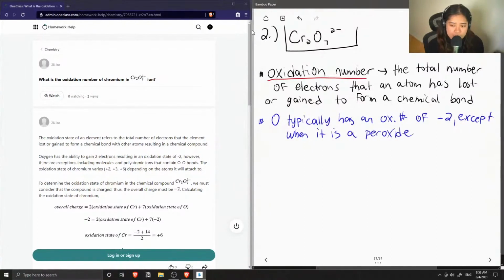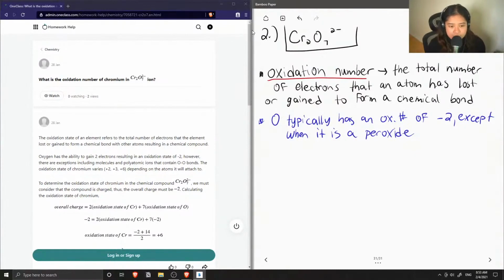Okay, so that will be helpful for us when finding the oxidation number of chromium.